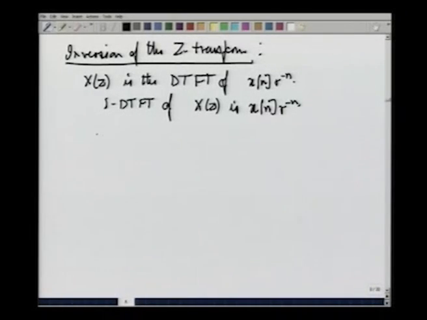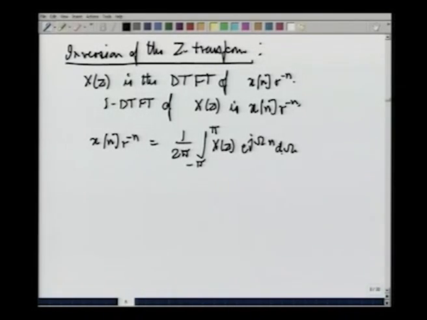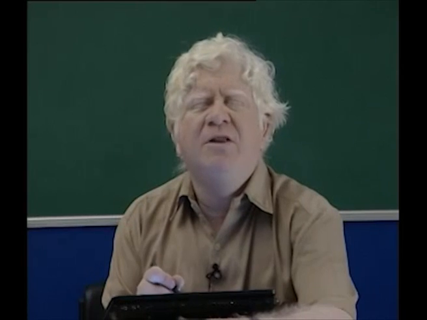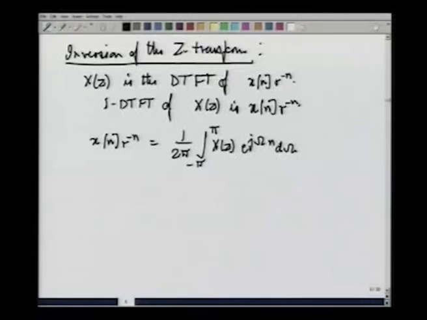We can write the inverse DTFT of X(z) is x[n] r to the minus n equals 1 by 2 pi integral minus pi to pi X(z) e to the j omega d omega. The integration is done here over values of omega from minus pi to pi, which is to say the path of integration is the unit circle in the z plane.